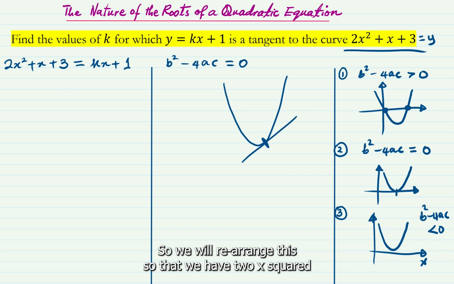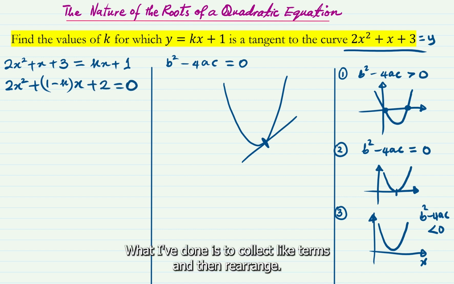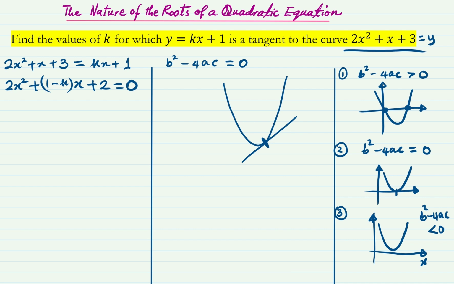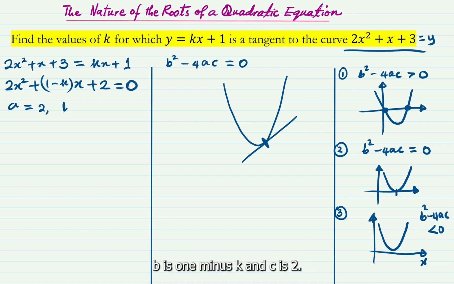Okay, so we will rearrange this so that we have 2x squared plus (1 minus k)x, then plus 2 equals 0. What I've done is to collect like terms and then rearrange. Now from there we could pick that our a is 2, b is 1 minus k, and c is 2.